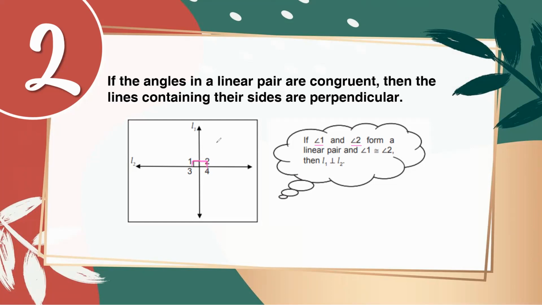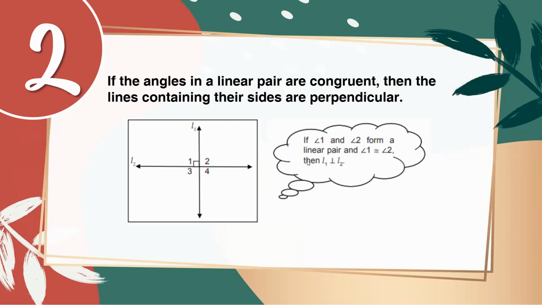When we add them together, the sum is 180 degrees. So this is a linear pair and they are congruent because this side is 90 degrees and this side is also 90 degrees. Then the lines containing their sides are perpendicular. This one, the L1 and the L2 are perpendicular. Therefore, we will write L1 is perpendicular to L2.